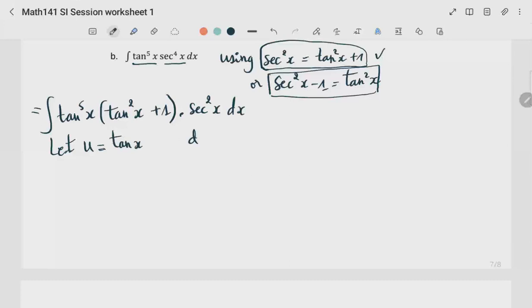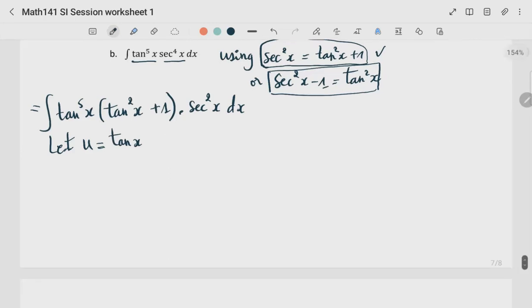U is tan, then our dv is sec squared x dx, because we know we can easily find the integral of sec squared, because we know that's just, oh, sorry. We're using u substitution. Sorry, my mistake.